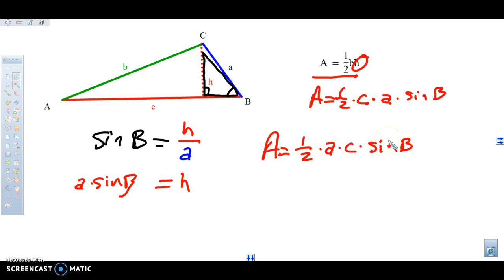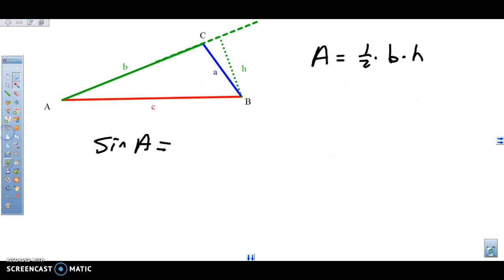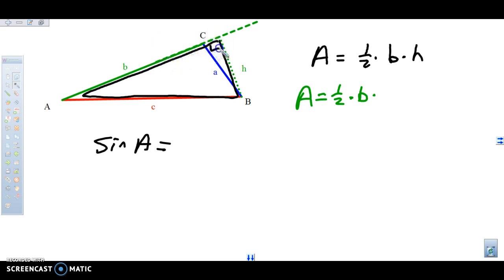Okay, now moving on, next we're going to take a look at this and we're going to use the green. So the area this time is going to be 1/2 times the base, but the base is the green side B, and now I need to find the height. So again, we're going to think of a right triangle up here, with a right angle up there.